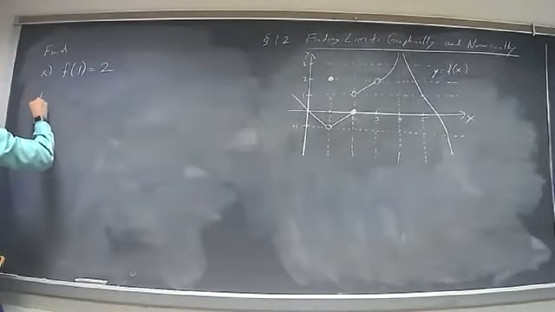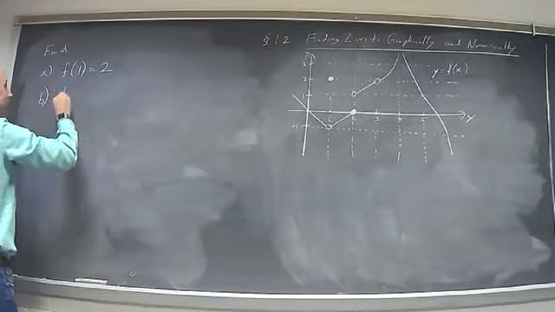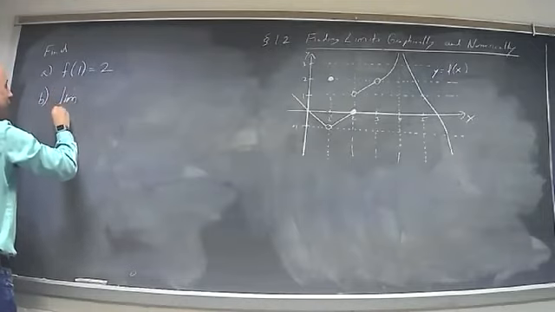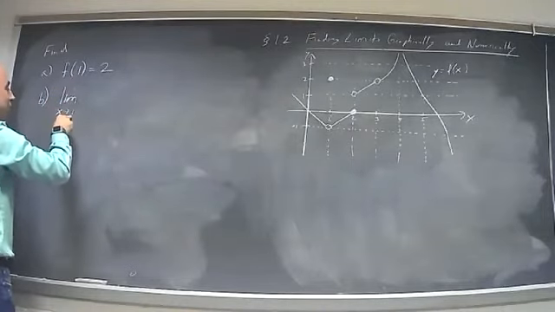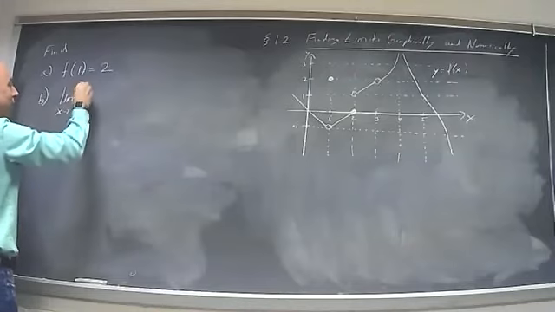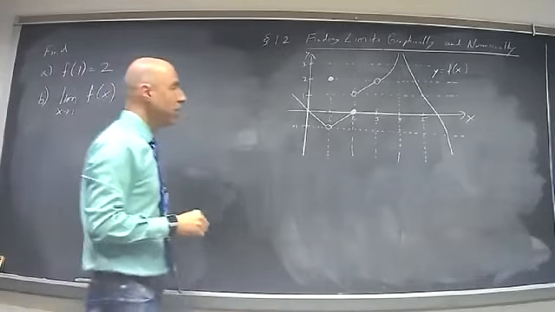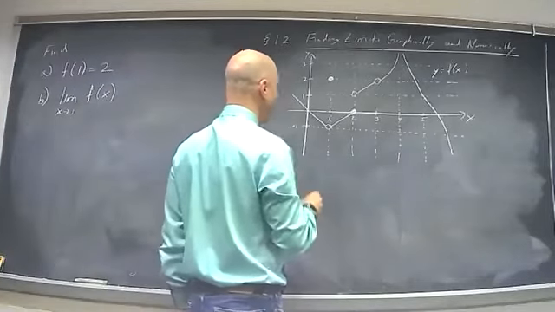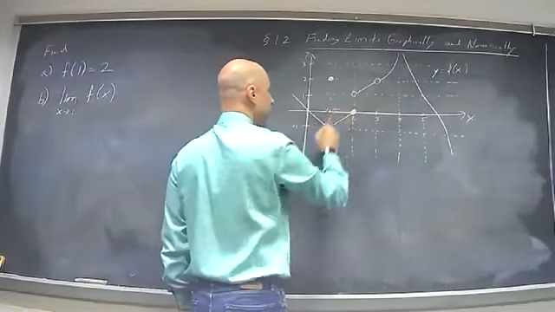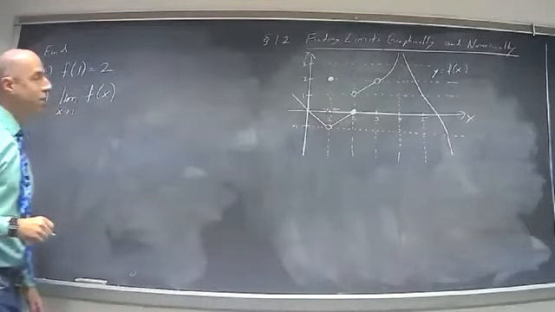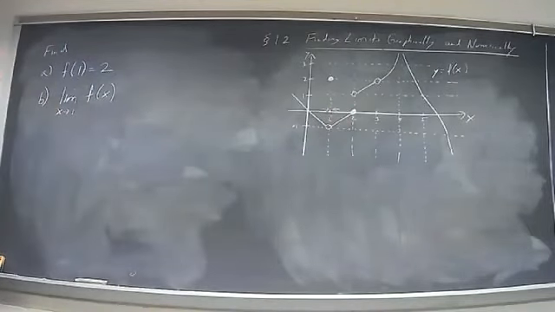What is the limit as x goes to 1, as x gets closer and closer to 1, of f of x? So if you plug in values closer and closer to x equals 1, what happens to the y values?